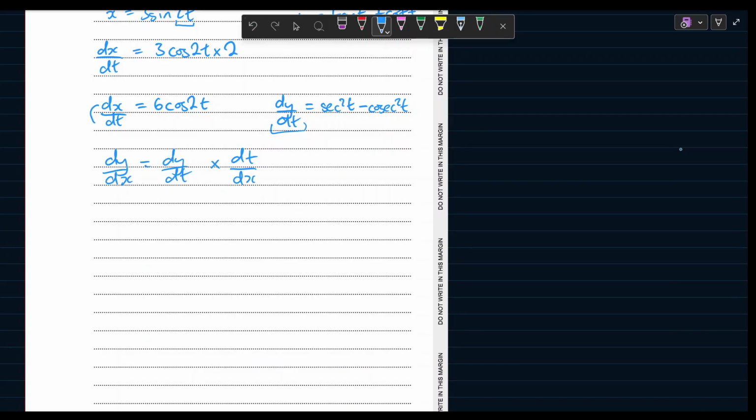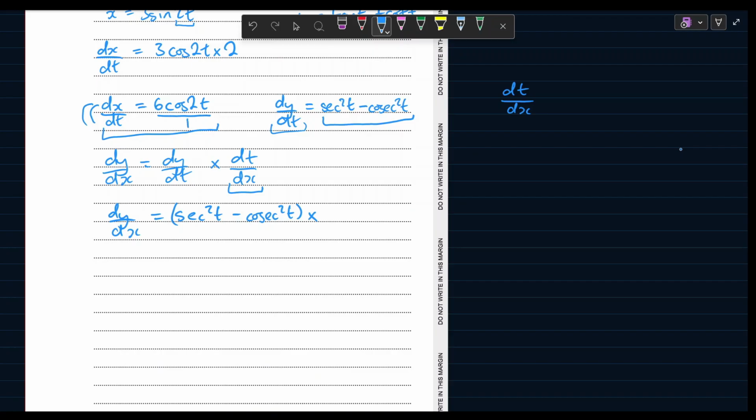Okay, so dy/dx is equal to our dy/dt, which is sec squared t minus cosec squared t, and this is being multiplied by dt/dx, but we found dx/dt. So what we can do is flip dx/dt so that we've got dt/dx, and what you do on one side, you have to do on the other side.